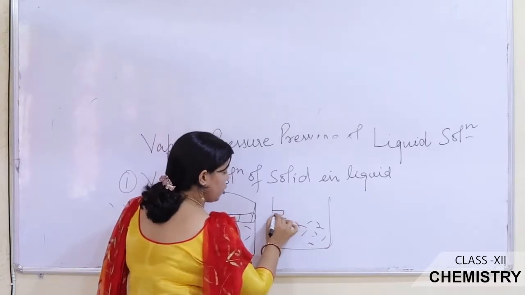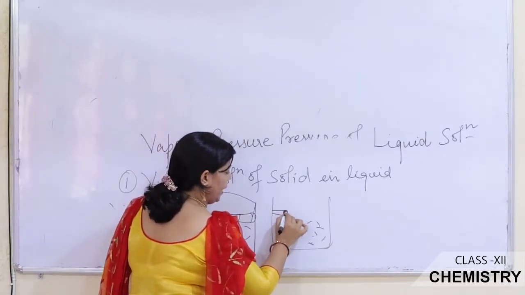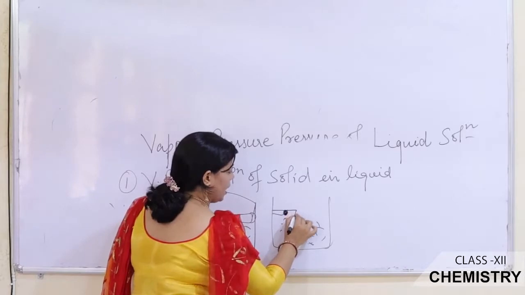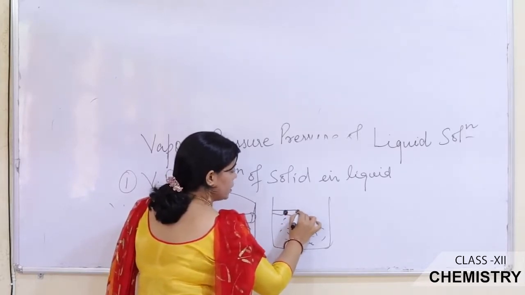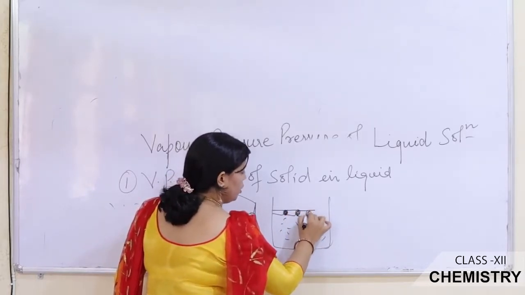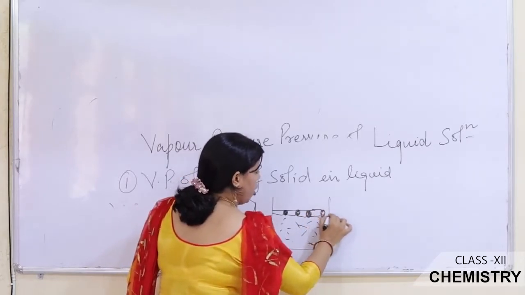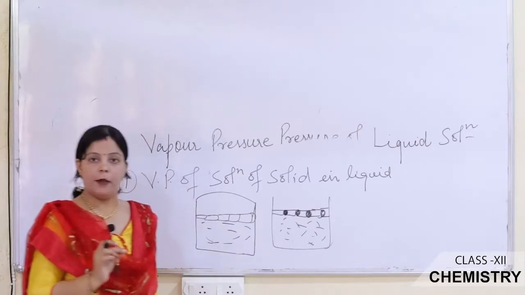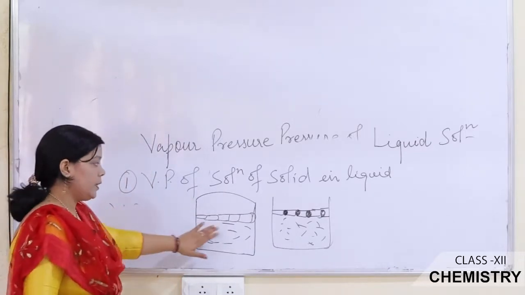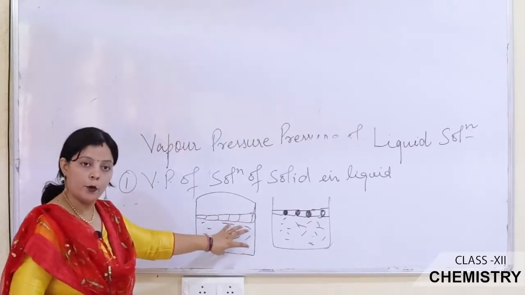In this case, it is observed that some of the area of the liquid surface gets occupied by the solute molecules. So the decrease in the vapor pressure can be explained on the basis of the area which is available for evaporation. In this case, this is the vapor pressure of the pure solvent.